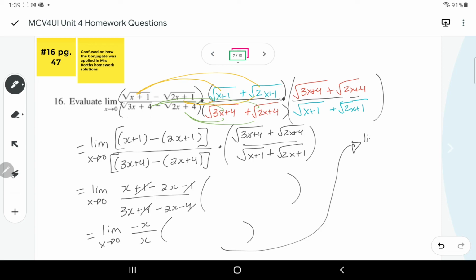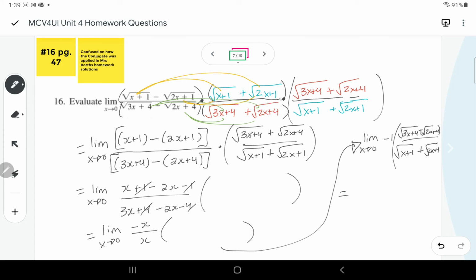So here I get the limit as x approaches 0 of negative 1 times this bracket with the square root 3x plus 4 plus the square root 2x plus 4 over square root x plus 1 plus square root 2x plus 1.